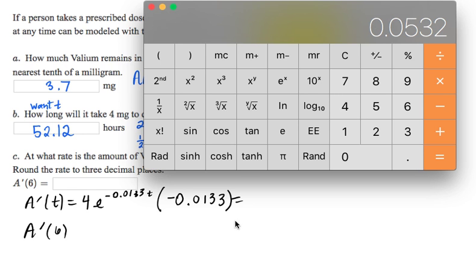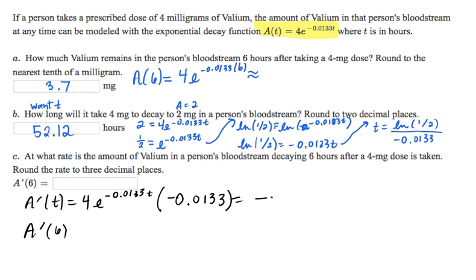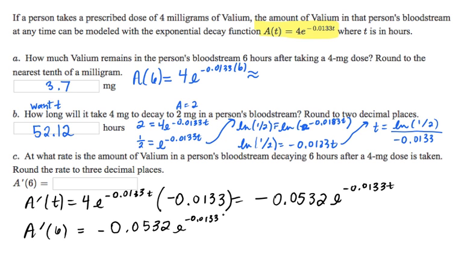So we have negative 0.0532 times e to the negative 0.0133 t. And now we can plug in 6 to that and see what we get.